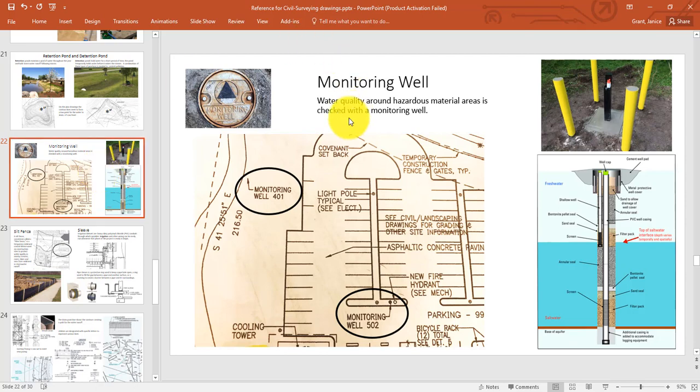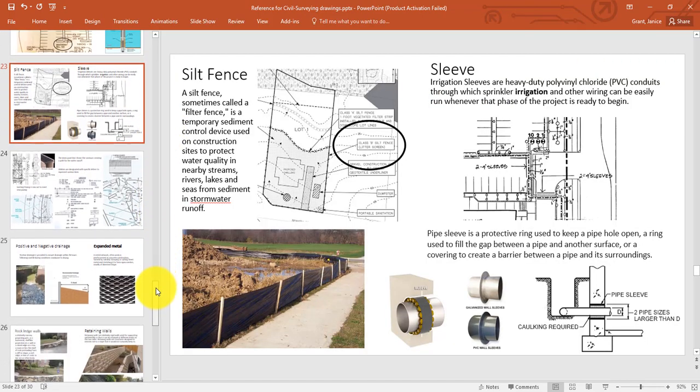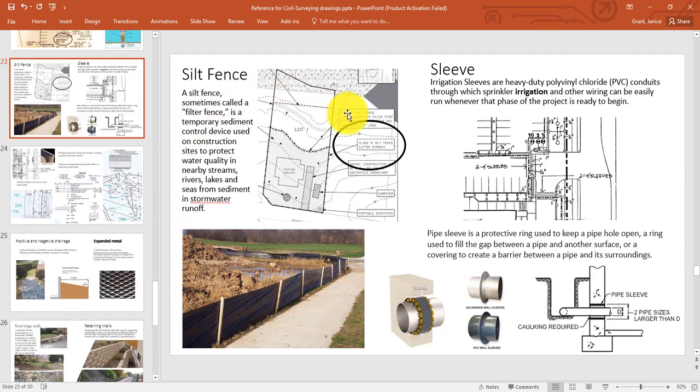The monitoring well is going to help us to monitor the water quality around hazardous materials. A silt fence, you'll see that in the chapter. Just wanted to show you here on these drawings the outline for it. It's also called a filter fence, and it temporarily holds back or controls some of that water runoff.